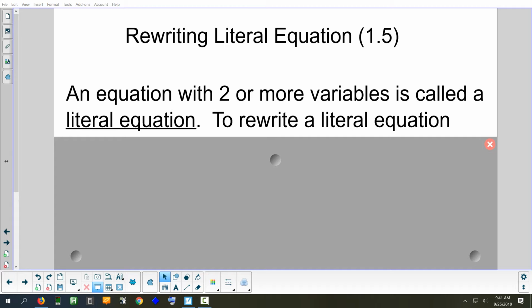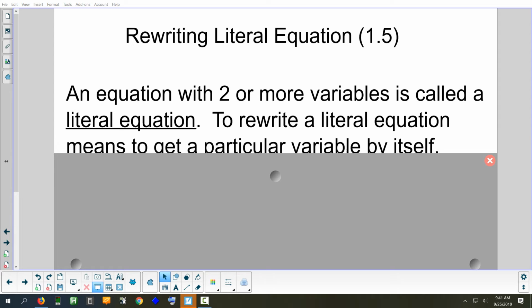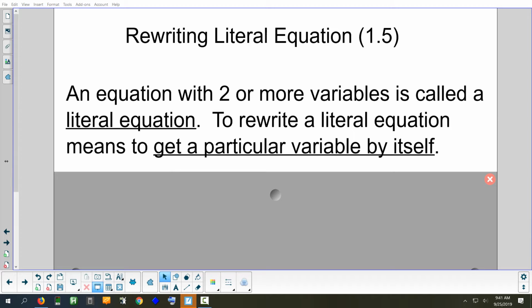So a literal equation, and you can write this right at the top of your guided notes, is an equation with two or more variables. So an equation with two or more variables is called a literal equation. To rewrite it basically means to get a letter alone.